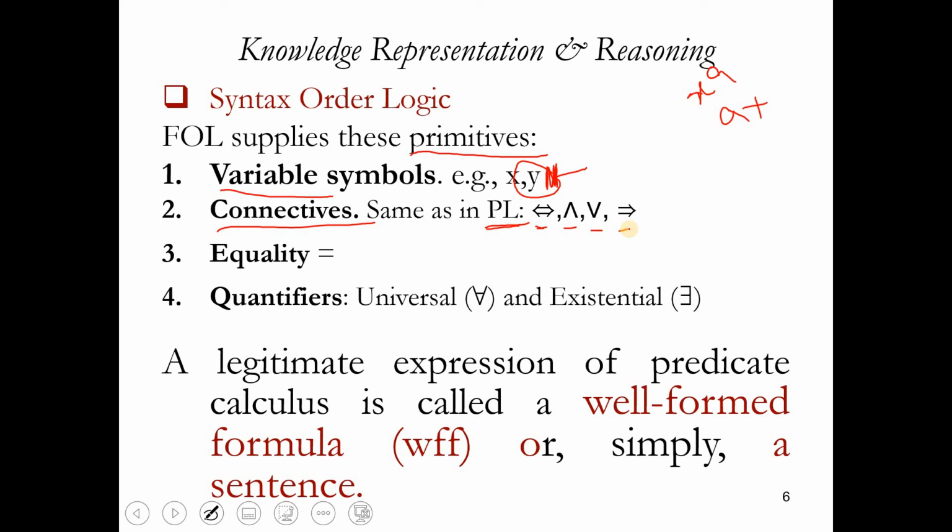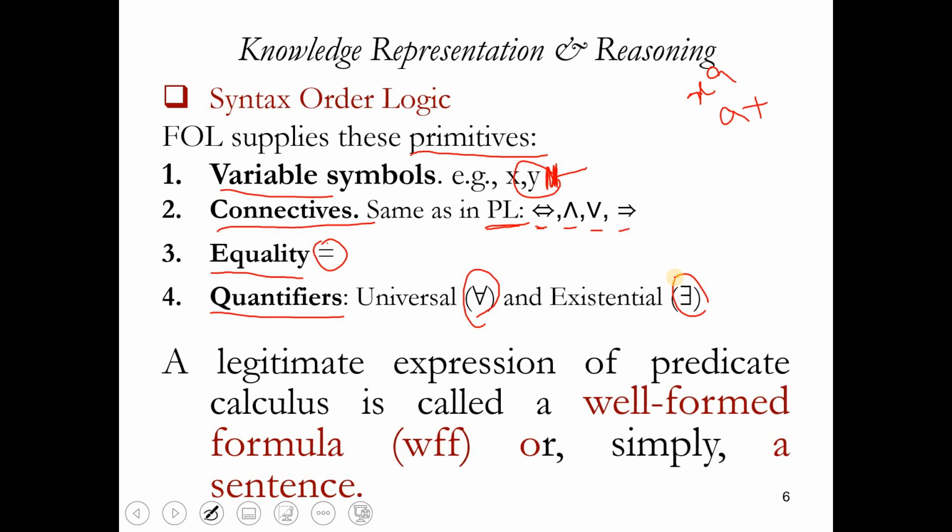There is one more thing in this language. The third one is called equality. Equality is not the same as equivalent. Equivalent is a different thing. Equality, we will see, is used to assign some value to something. And the last one is the quantifiers. We saw the two examples, every and for some.